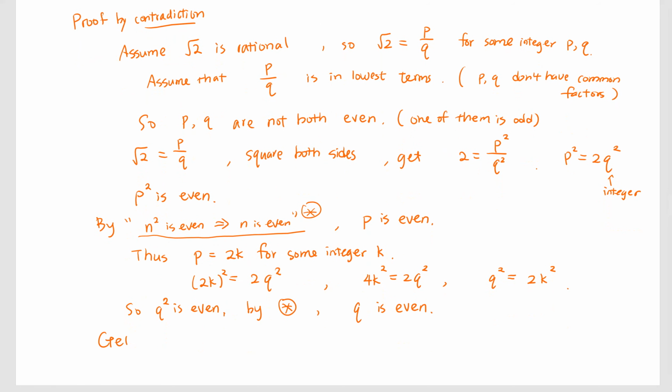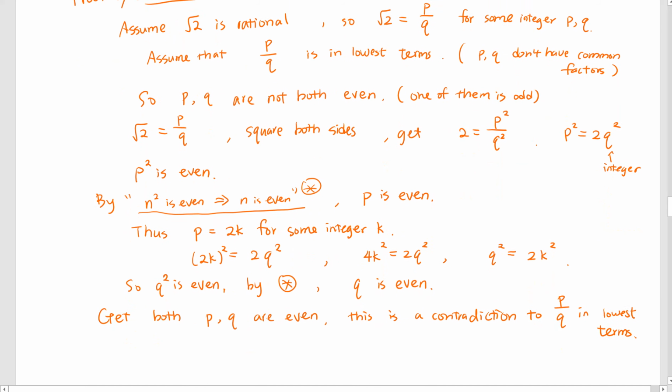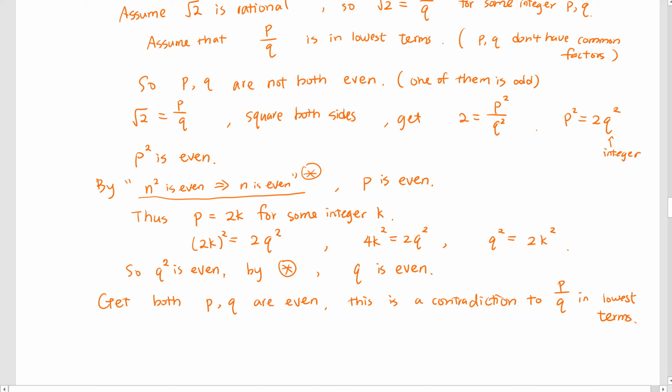We get both p and q are even, and this is a contradiction to p, q in the lowest terms. Once we get a contradiction, then we are done.